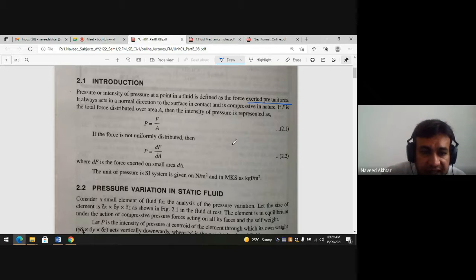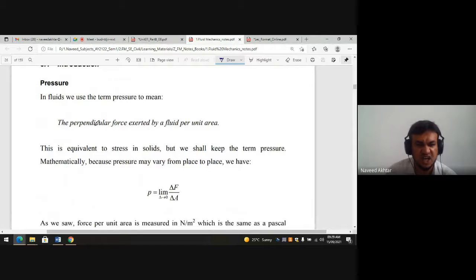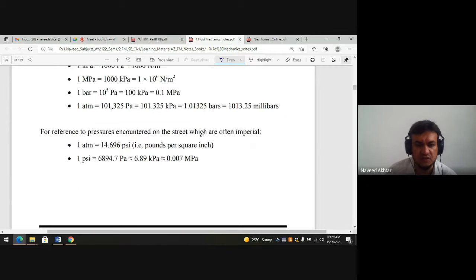It always acts in a normal direction to the surface of contact. It means the pressure is always perpendicular to the surface of contact.